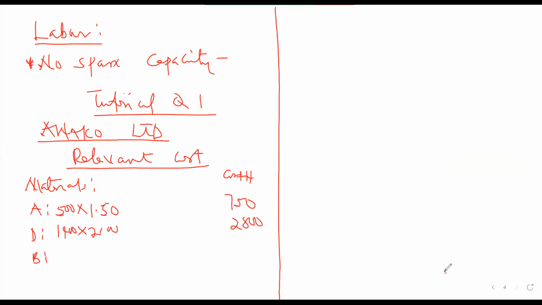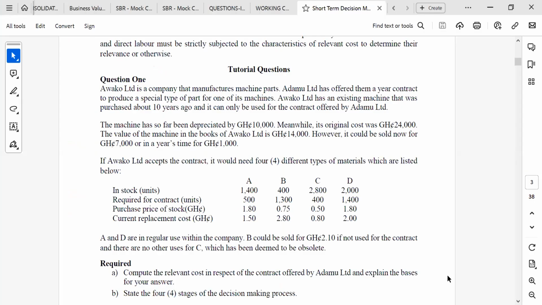Let's come to material B. Material B will be sold for what? 2.1, if not used for the contracts. And there are no other uses for material C, which has been deemed to be obsolete. So material C, whether we use it or not, there will not be any cost.